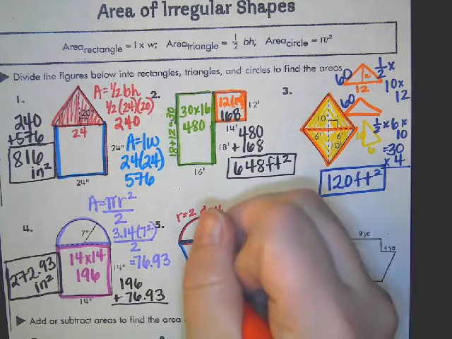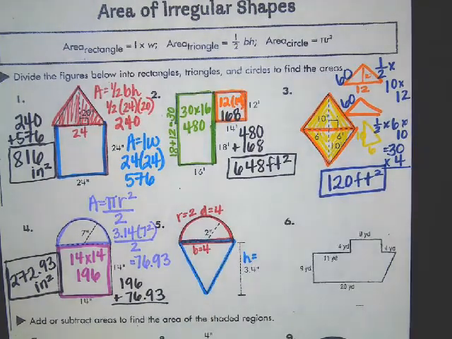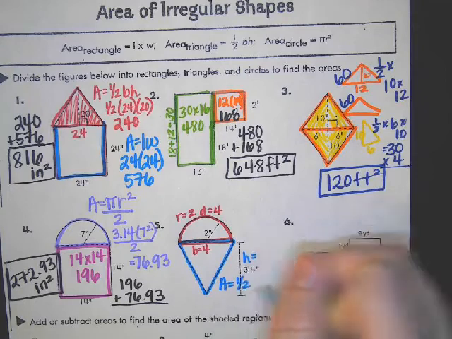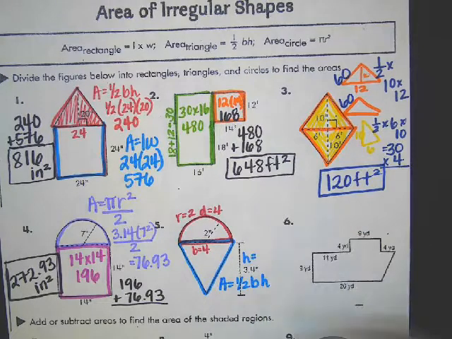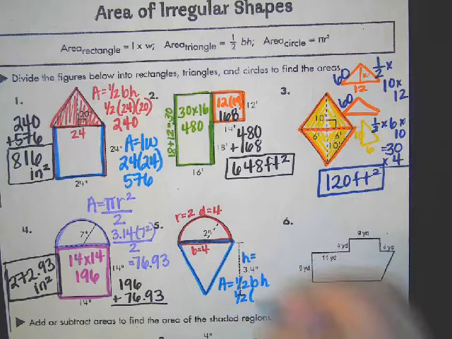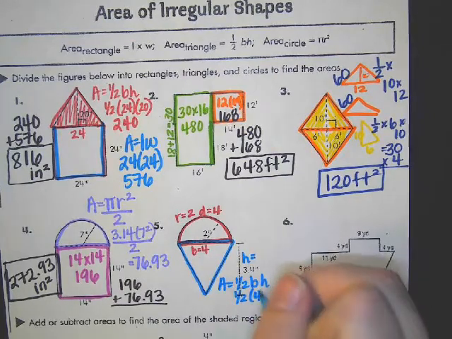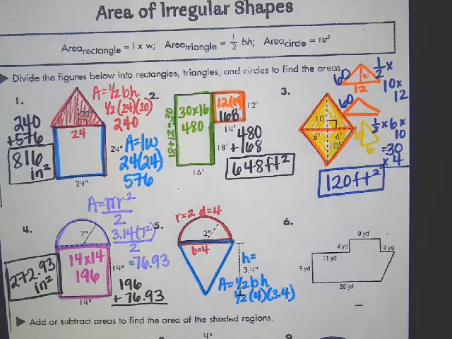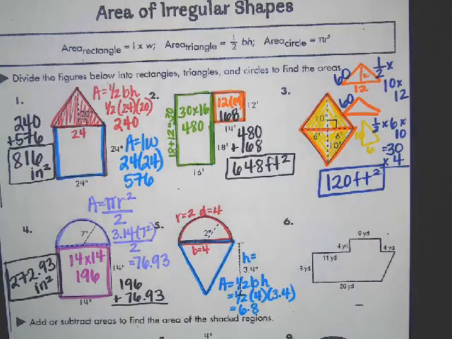Knowing that this is the base of my triangle as well as the diameter of my circle, I can now solve for the value of my triangle. Remember, when we're finding the area of a triangle, area equals 1/2 base times height. You're going to do 1/2 times my base, which is 4, and the height is 3.4. In your calculator, you're going to go ahead and solve for that number, and you're going to get 6.8.